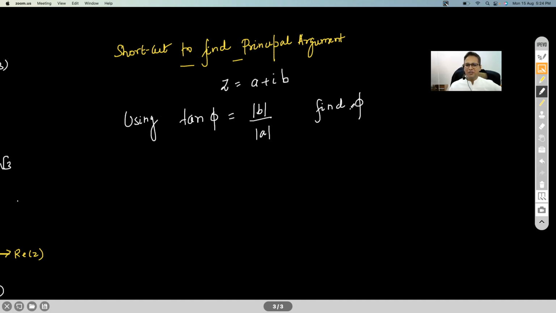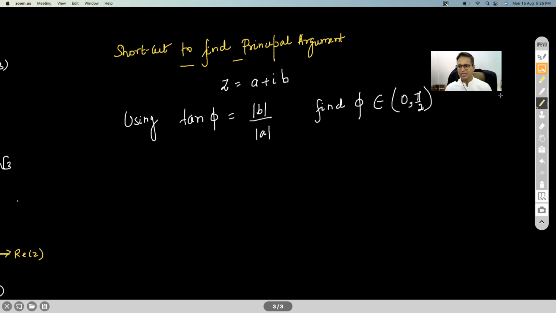Now when you're finding this phi, of course, keep your answer only in the first quadrant, 0 to pi by 2, because tan of phi is a ratio of two positive quantities, so it is a positive value. You may also get an answer in the third quadrant, but we don't have to go there, because whatever utilization I'll be making with phi is already sufficient if you take an angle between 0 and pi by 2 only.